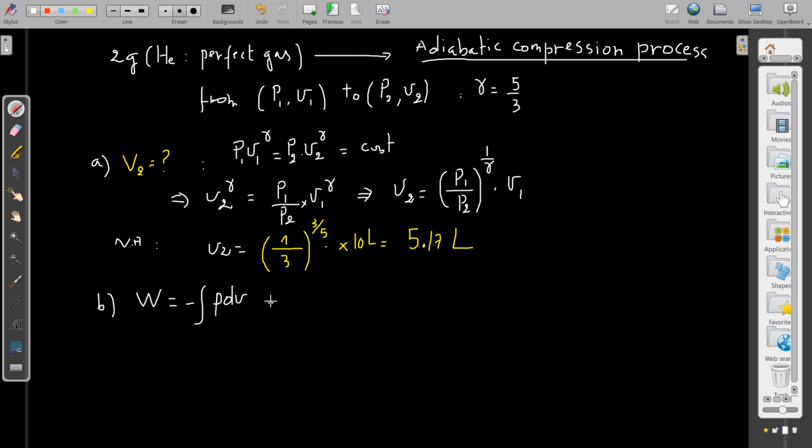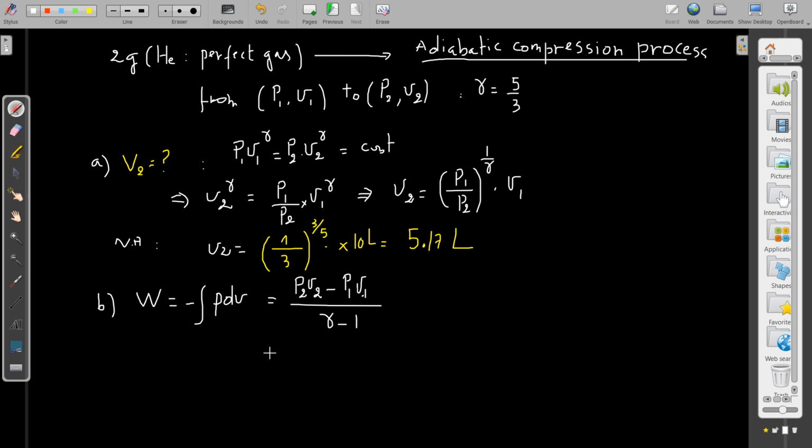And it comes exactly, you can prove this, P2 V2 minus P1 V1, be careful, without any exponent except 1, over gamma minus 1.